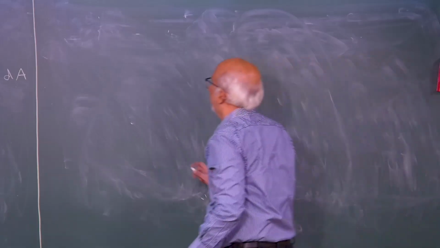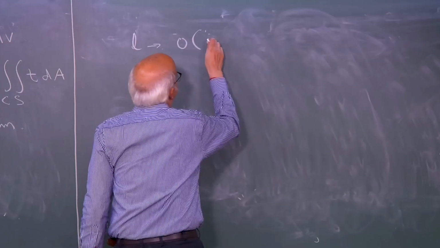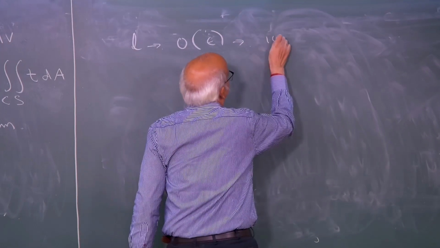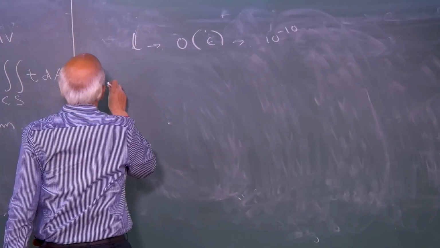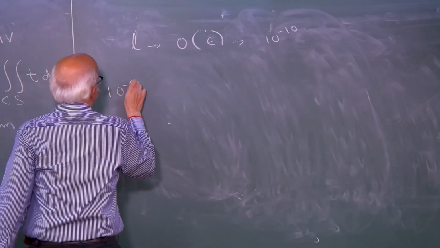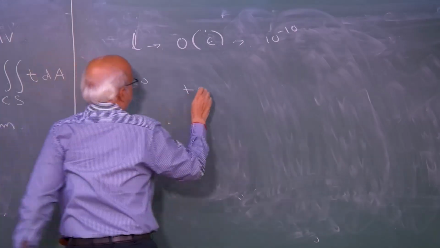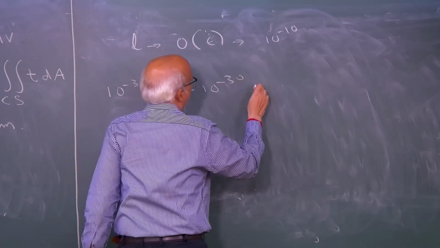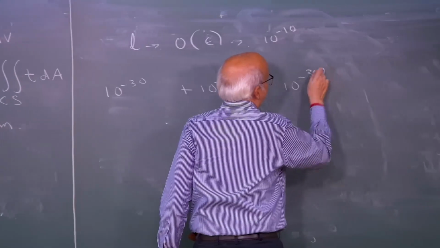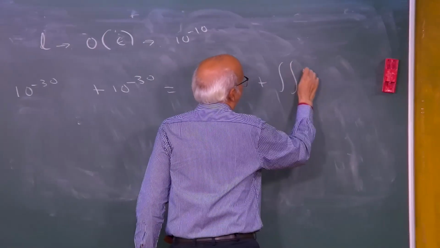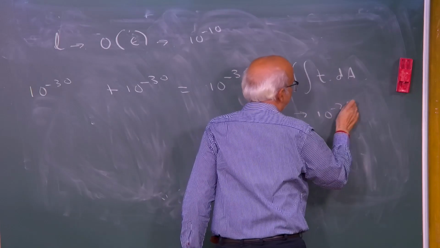Remember, L is of order epsilon, let us say 10 power minus 10. So, the first term will be 10 power minus 30, the second term will also be a volume integral, 10 power minus 30. The first term on the right hand side is also 10 power minus 30, and then I have the T dot dA term, which is of the order 10 power minus 20.